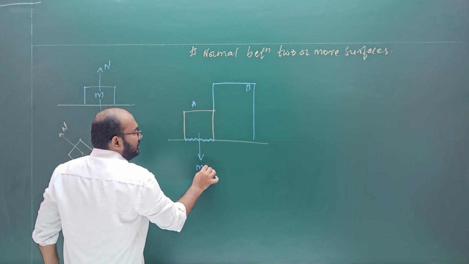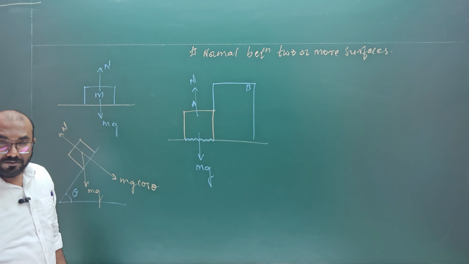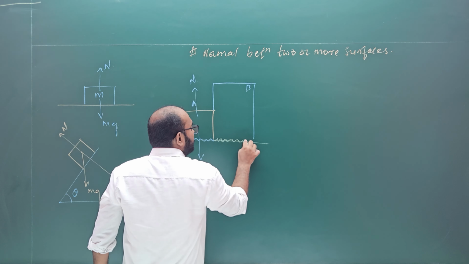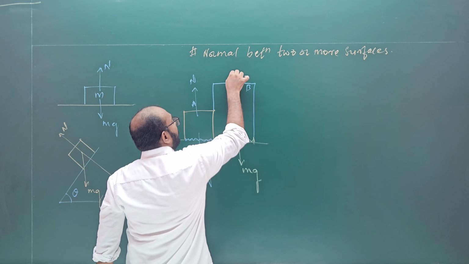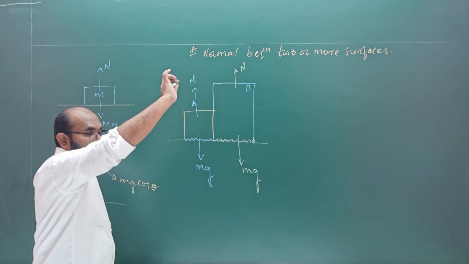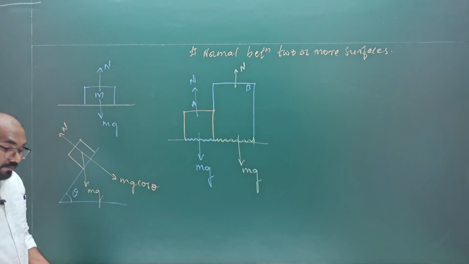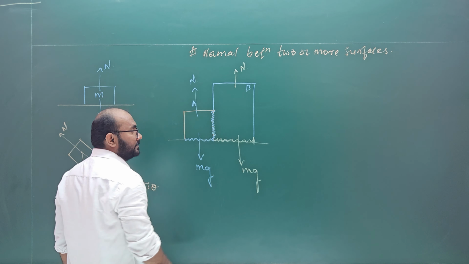Mg is acting in the downward direction and normal is acting in the upward direction. Similarly, this is your second contact, where mg is acting downward and normal is acting upward. Now, can I also see one more contact between the two objects? This is the third contact between the bodies.